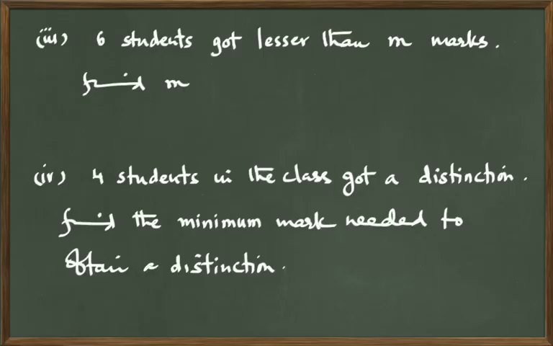So this thing is done. Now, two more questions on the same principle. 6 students got lesser than M marks. Find M. Now, what is the scenario over here? This time, we have students, we have the cumulative frequency, the Y value, and we are looking for marks.